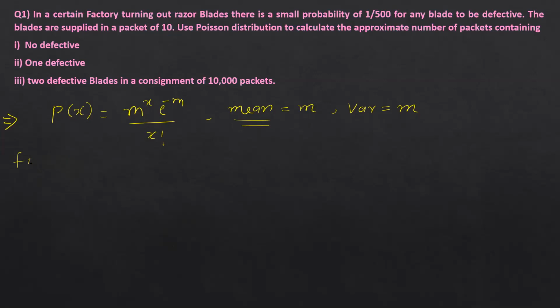So how do you find the m value? You have to find the m value from the mean of the binomial distribution, because it's a limiting case of binomial. Keep this point, note this point. So we have to always find the m value from the mean of the binomial distribution.